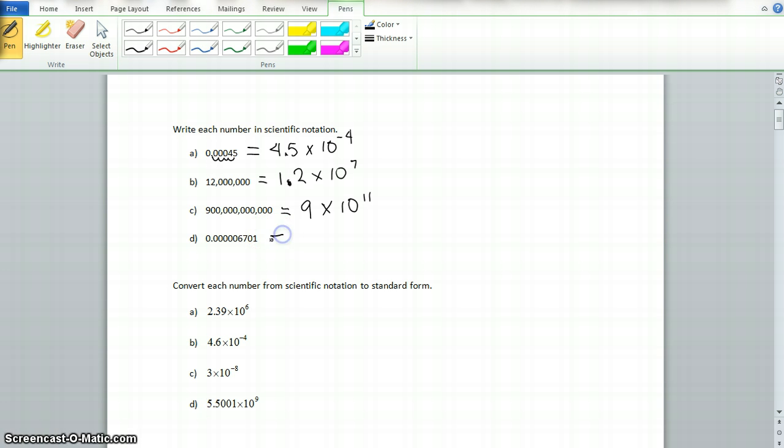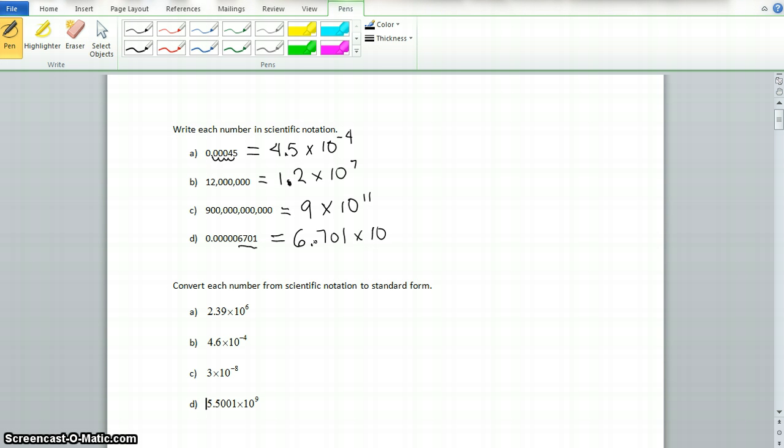And part D, again, this is a small decimal number, so the exponent on 10 will be negative. We say the non-zero digits, but if there's a 0 in between, we need to have all those in there. It's actually going to be 6.701.